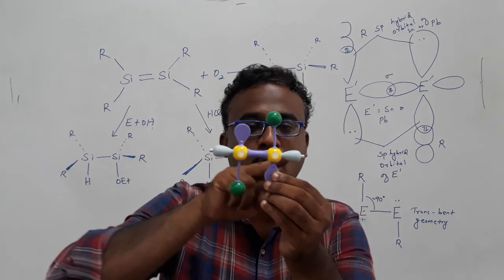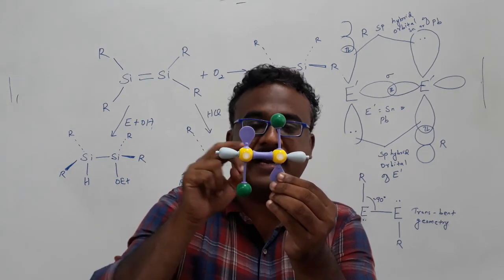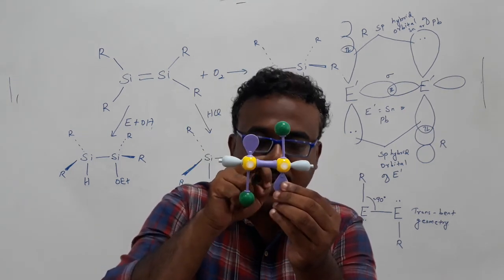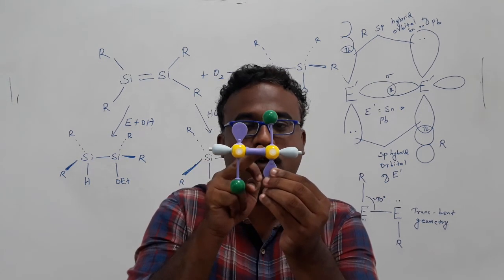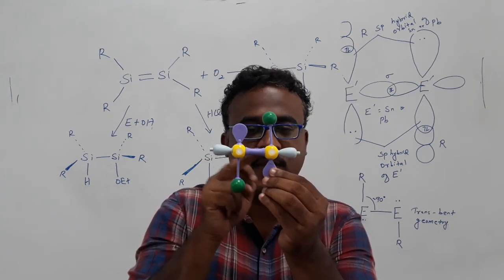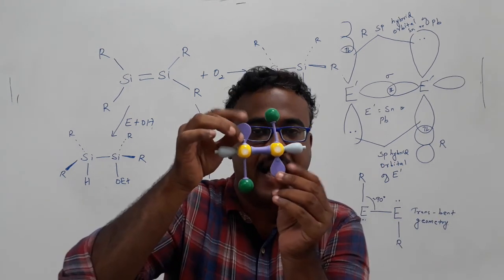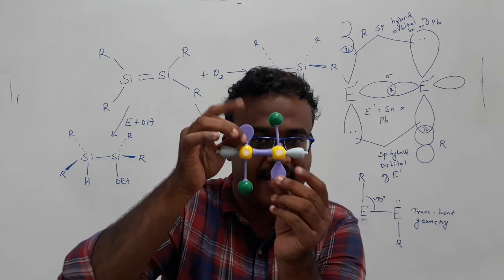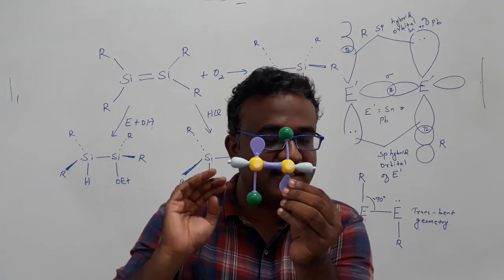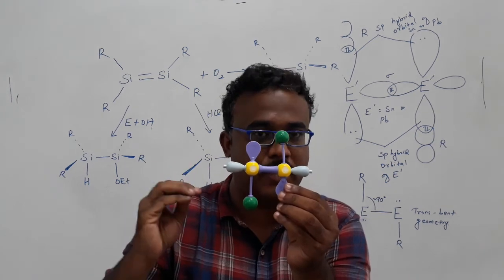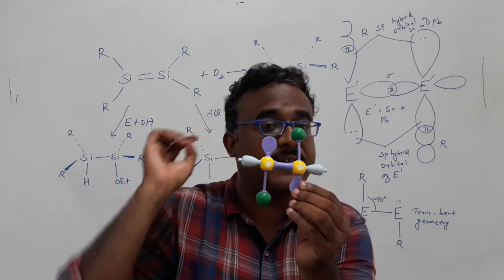You also have another p orbital having an unpaired electron. That unpaired electron on the tin or lead overlaps with another tin or lead having an unpaired electron to form a sigma bond. The difference between the earlier case and this case is that this sp hybrid orbital has a pair of electrons which does not form a dative, donor-acceptor type bond with another p orbital.